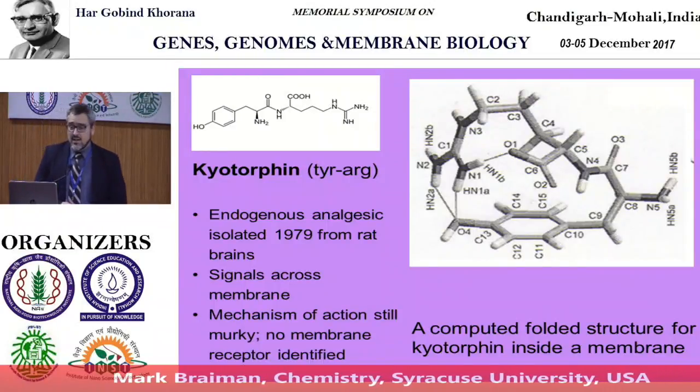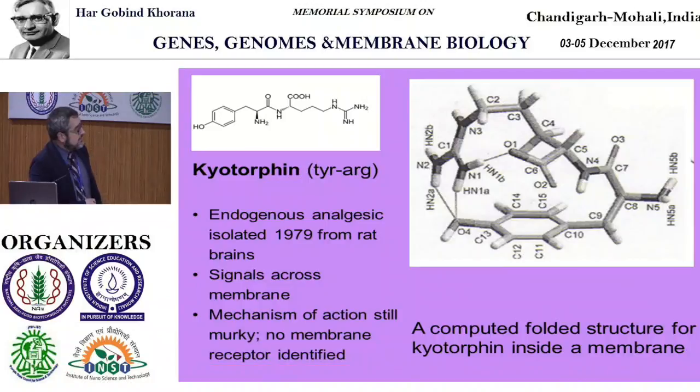And yet, it definitely requires a membrane and signals across the membrane, and there is very good evidence that it activates inhibitory G protein, Gi, the same one that is activated by the opioid receptors.